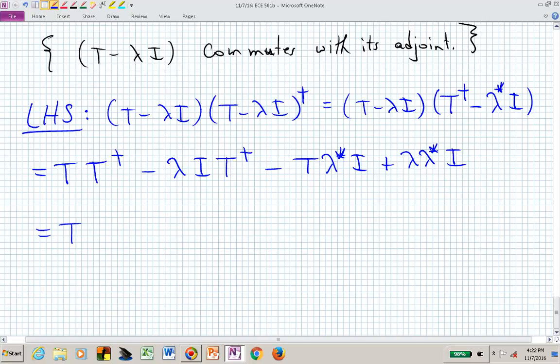And we can clean that up by factoring out the scalars and removing the identity operators, so that we now have T T dagger minus lambda T dagger minus lambda star T plus, and what do we obtain when we have a scalar times its conjugate?